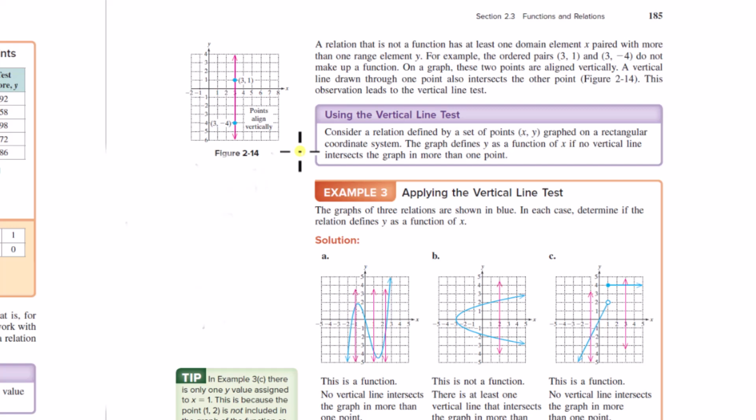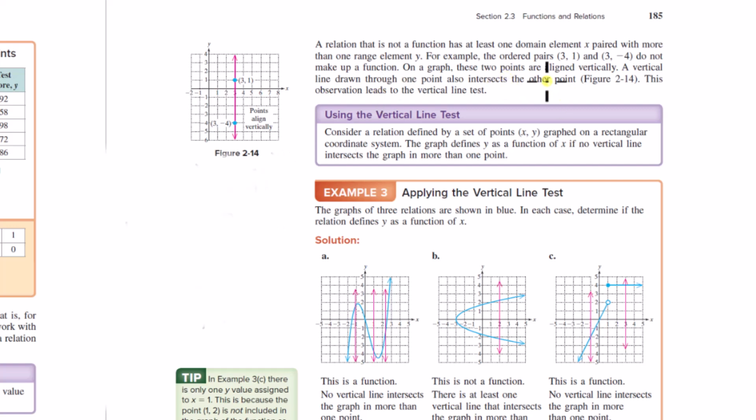A vertical line on a two-dimensional graph has a constant x. The convention is the input is going to be the horizontal axis. So if you draw a vertical line, then the input is constant, all along that vertical line. So if that vertical line intersects the graph at more than one point, well, that's more than one output corresponding to the same input, which means it's not a function.